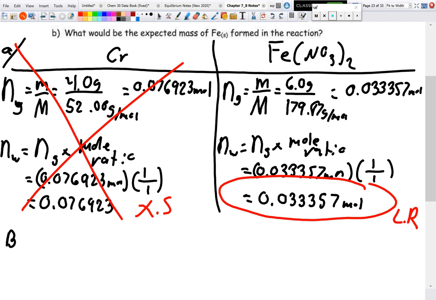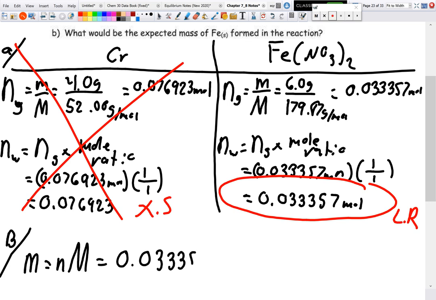So part B, what is the expected mass? Well, mass is equal to number of moles times molar mass. So we take the number of moles of our limiting reagent and we multiply by the molar mass of our wanted substance, which is just iron solid, and the molar mass is straight from the periodic table, 55.85 grams per mole.